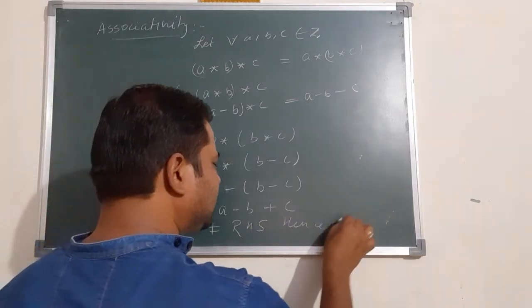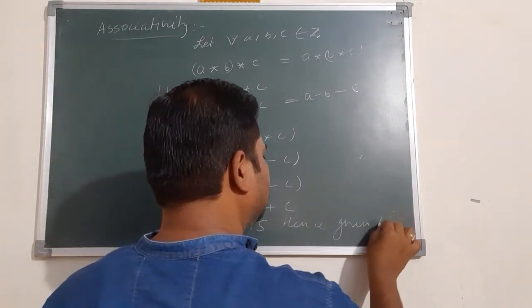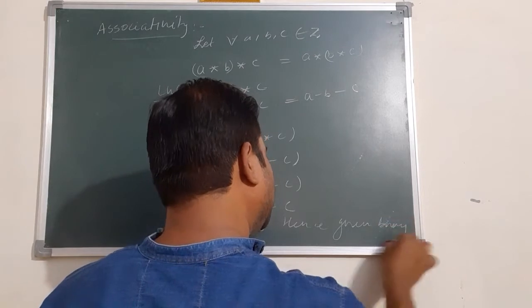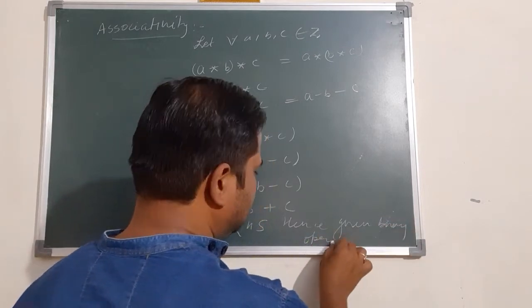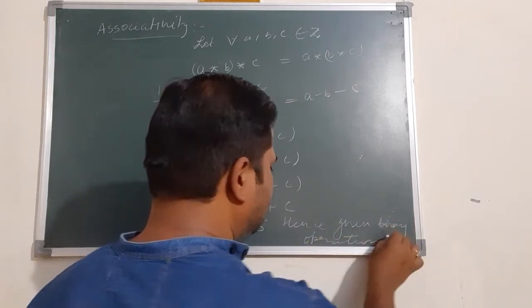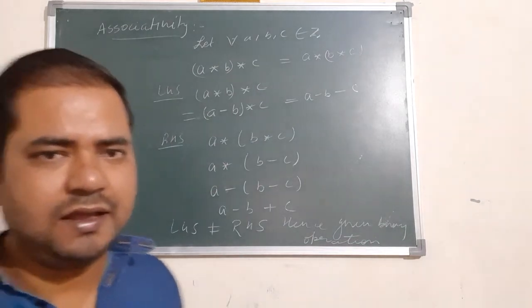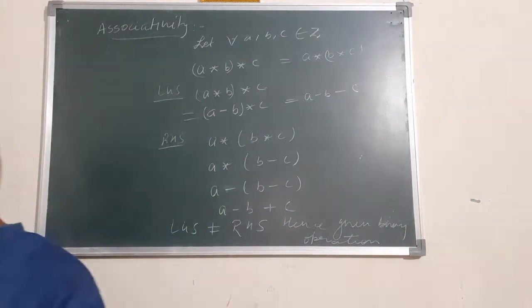Hence, the given binary operation is not associative. Okay, so match the answer.